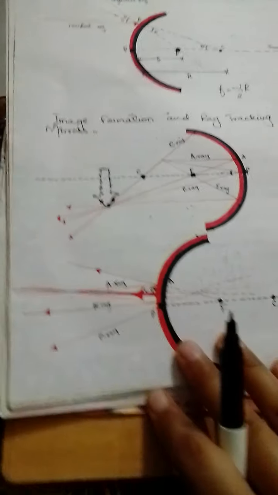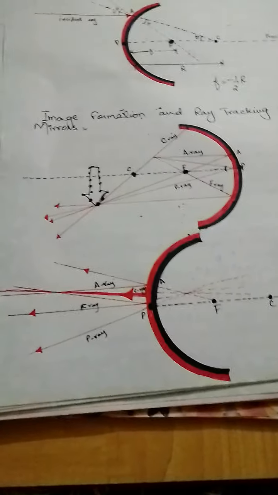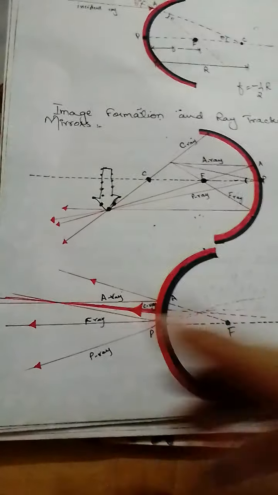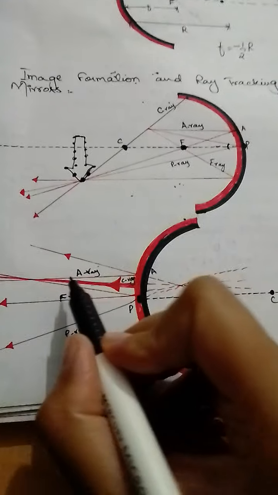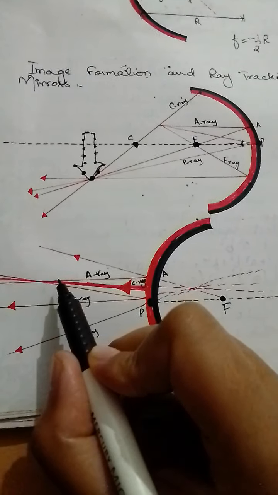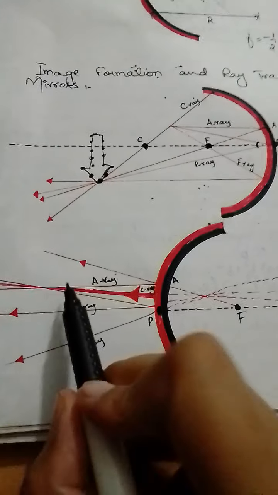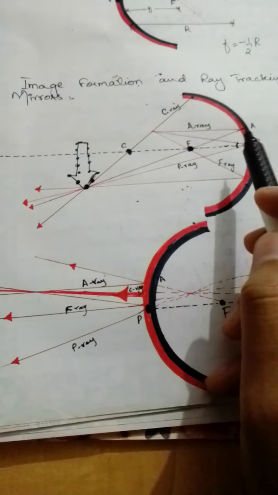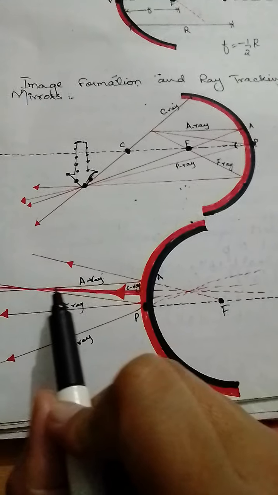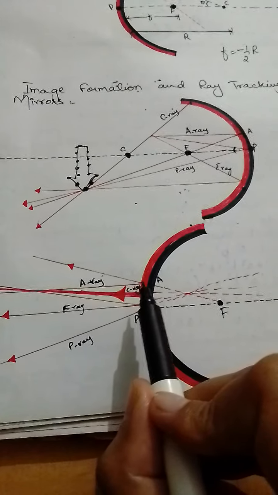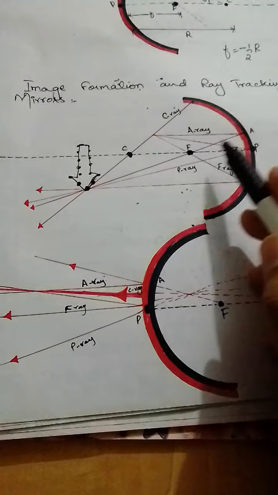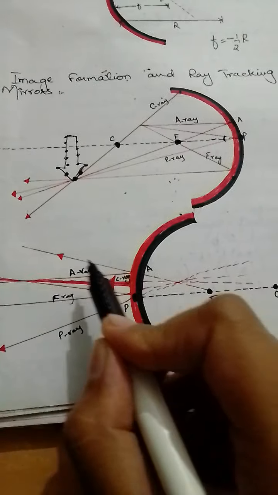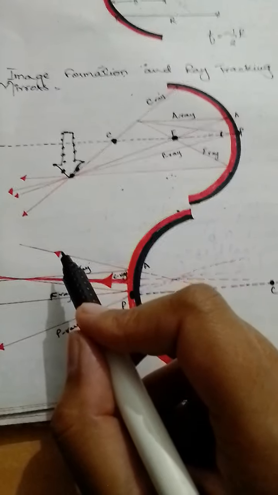What would happen in this case? The similar rays would strike this reflective area. First we would consider the A ray. The A ray comes parallel to the principal axis and gets reflected back, but it's not passing through the focus.